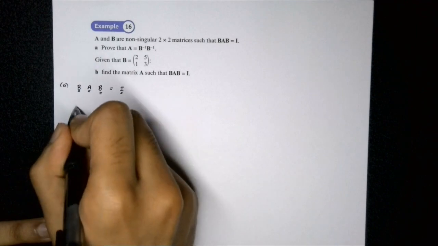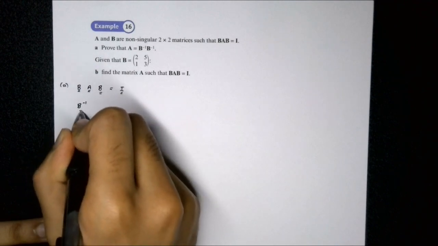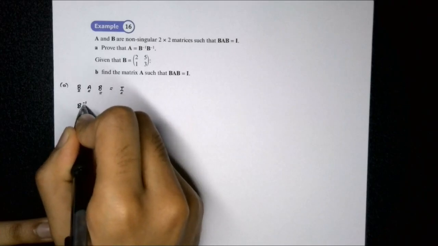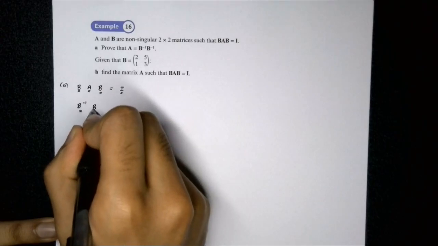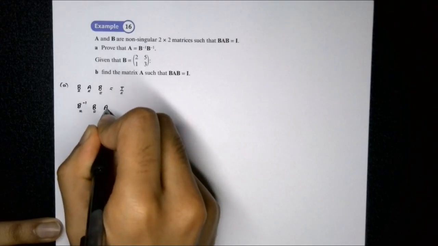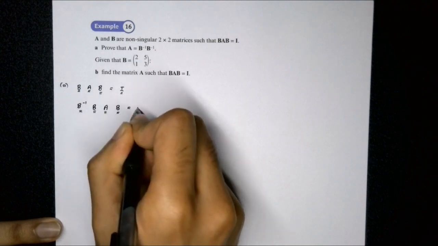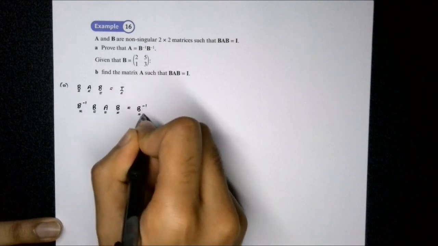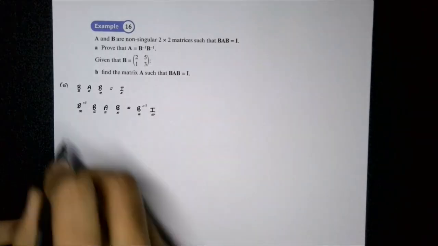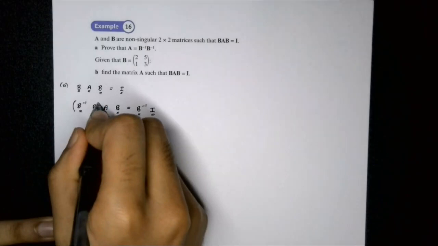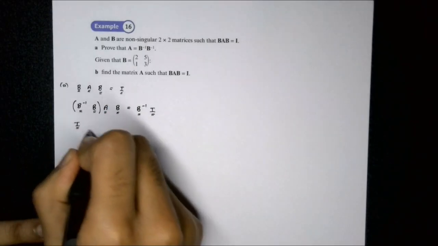So if we inverse B and then multiply the inverse of B by the left hand side and the right hand side, we have inverse B times B times A times B. This is equal to inverse B times identity matrix. Inverse B times B, that's the identity matrix.